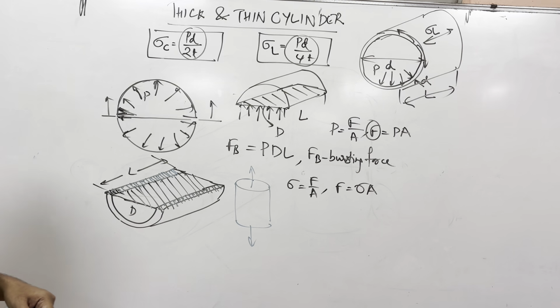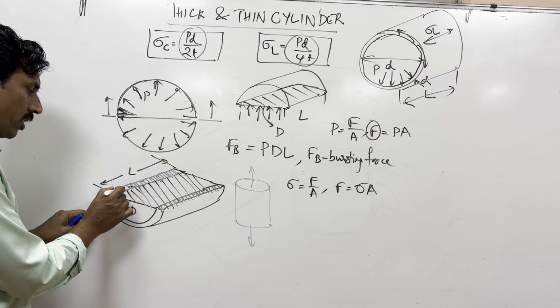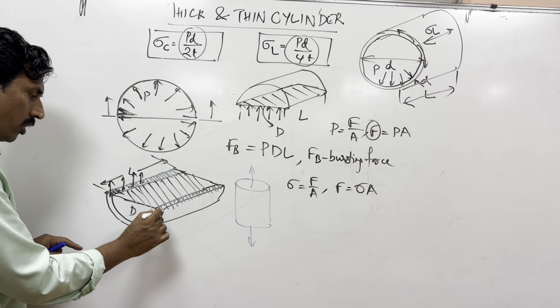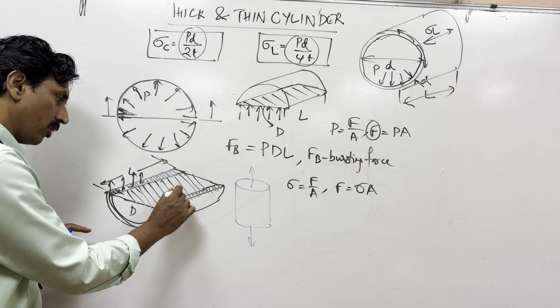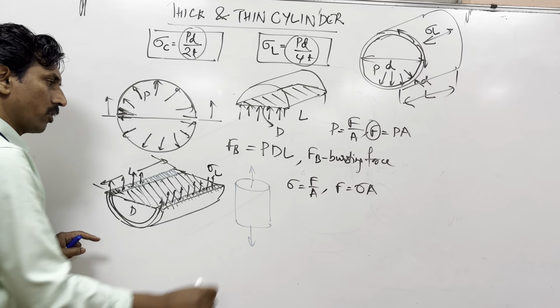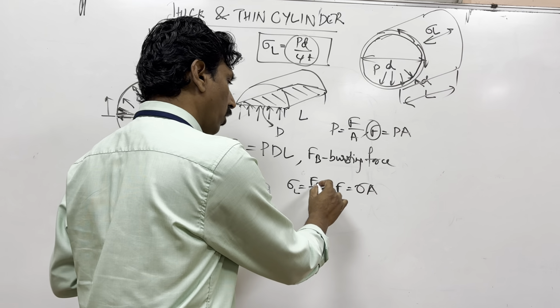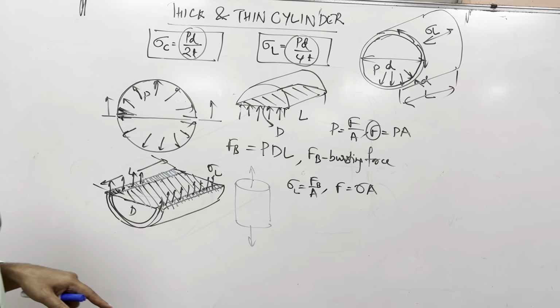So now you can say that if this is the stress that this is taking in this direction, you can call it the longitudinal stress, because it is taking along the circumference. See here, it is taking along the circumference. So this longitudinal stress is bursting force divided by area.